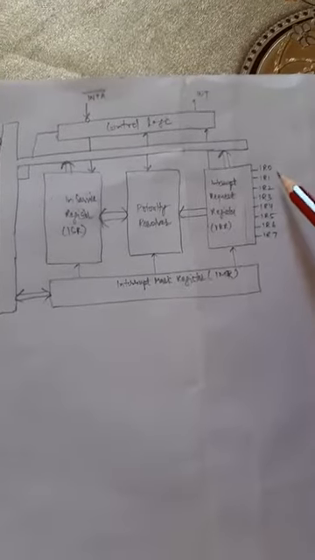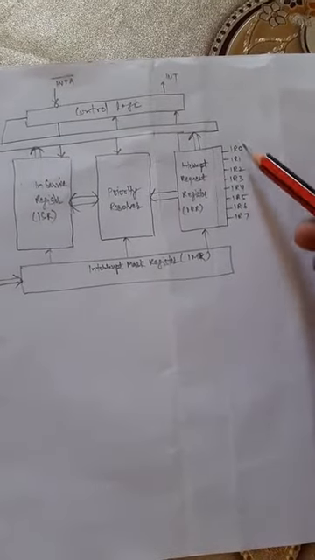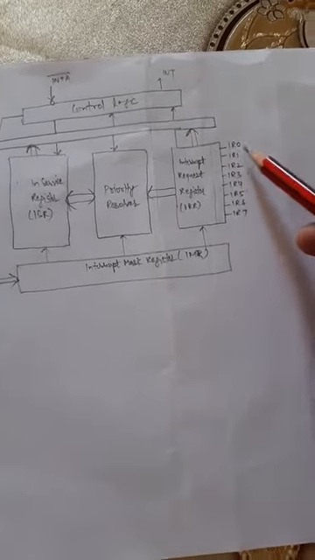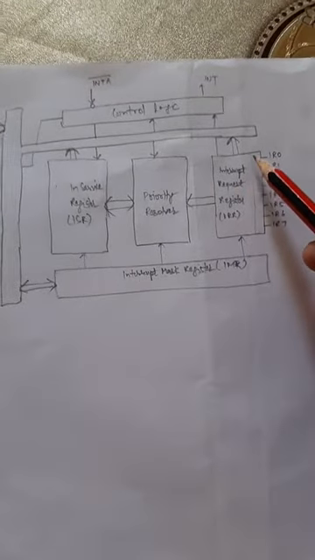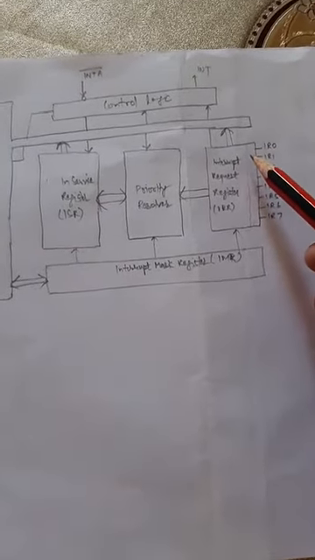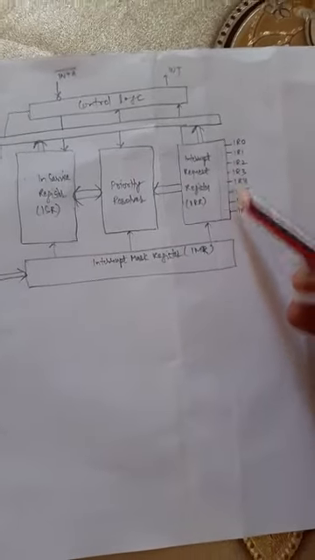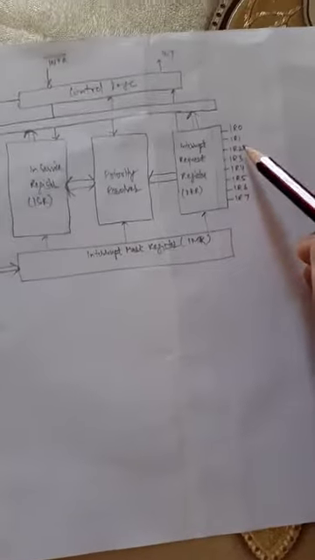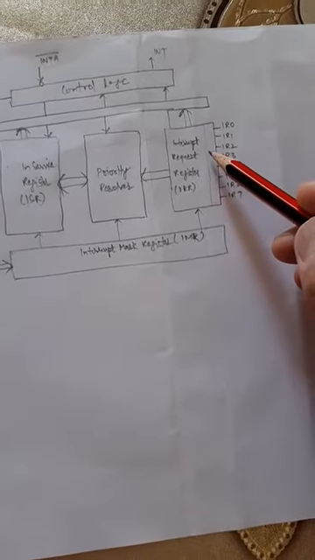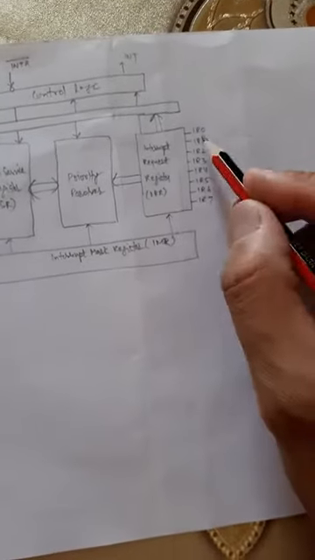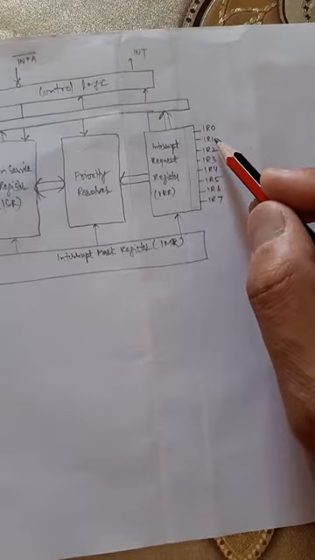See here, the devices which interrupt the 8259 are connected over here. These are the pins where the devices are connected, and this is the interrupt request register. This register is for storage purposes, and it has 8 bits. Whichever pin is giving the signal 1, that bit will become 1. Suppose the device connected at IR1 gives the interrupt.